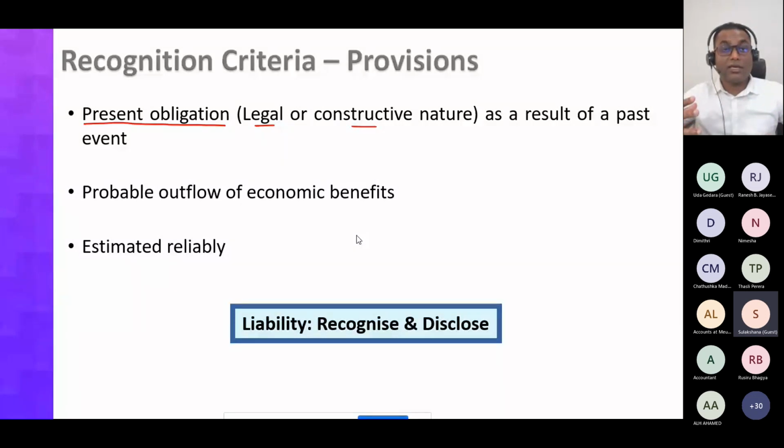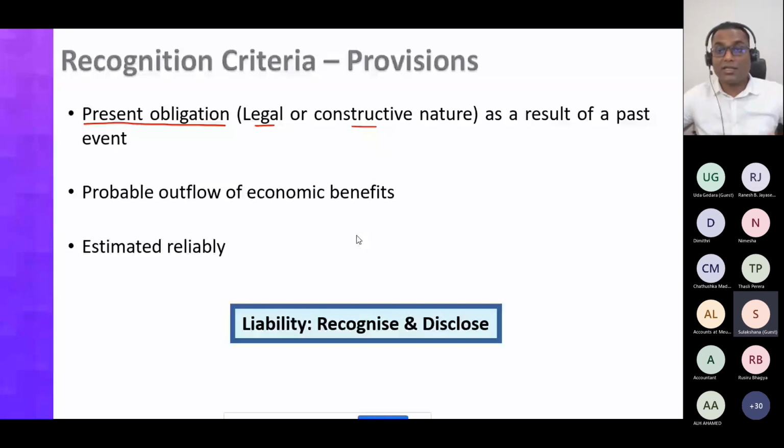Right? Somebody has filed a court case against you. These are a kind of legal obligation. Then constructive obligation means you create a valid expectation in the minds of some other party where you would discharge certain responsibilities. So pattern of past practice, published policies, sufficiently specific current statements would derive the constructive obligations, right?